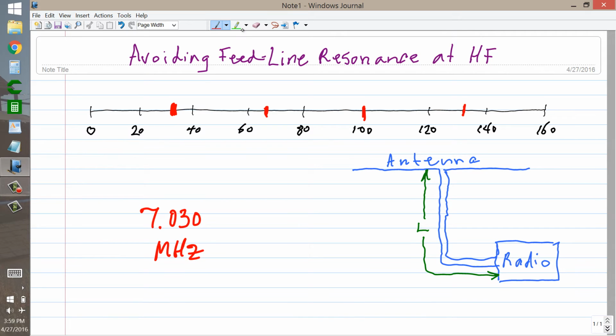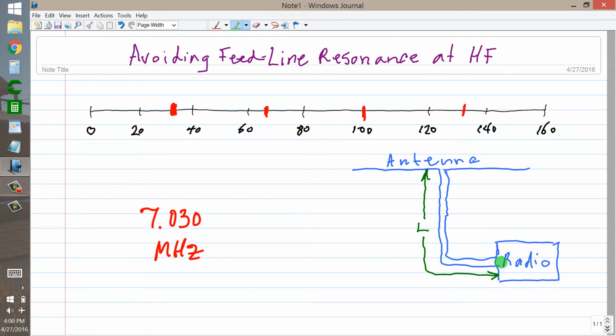You want to avoid these lengths because they could be resonant, and the radiation from your antenna could resonate with your feed line and cause your feed line to act like an antenna at 7.030 megahertz, whether it be coaxial cable, open wire, or single wire. You don't want your feed line to act as an antenna.